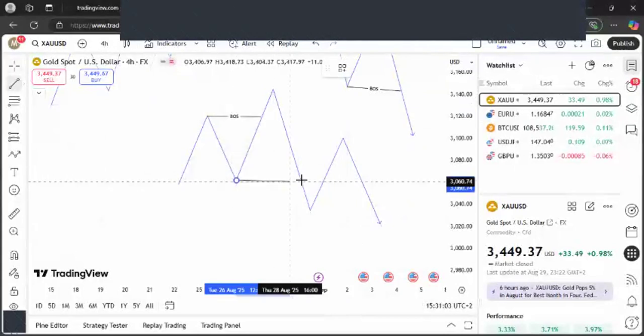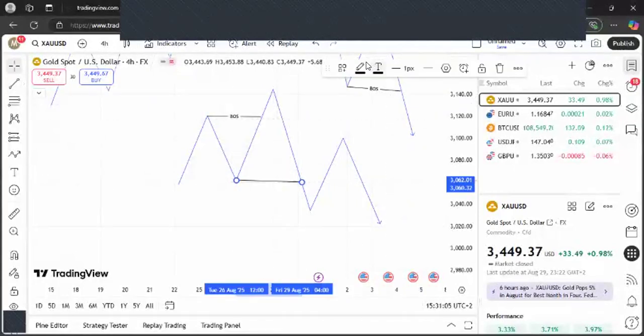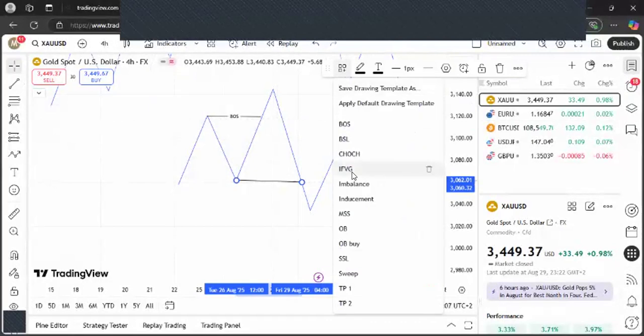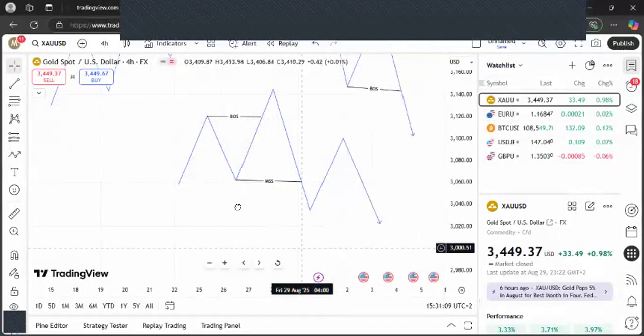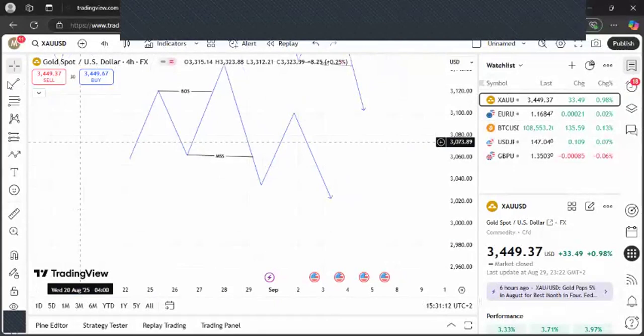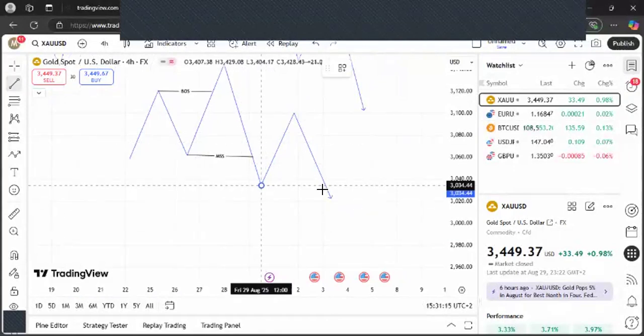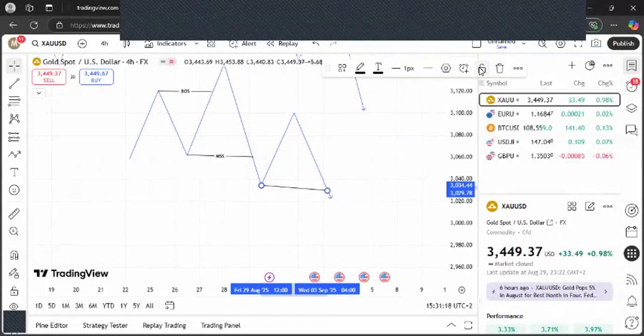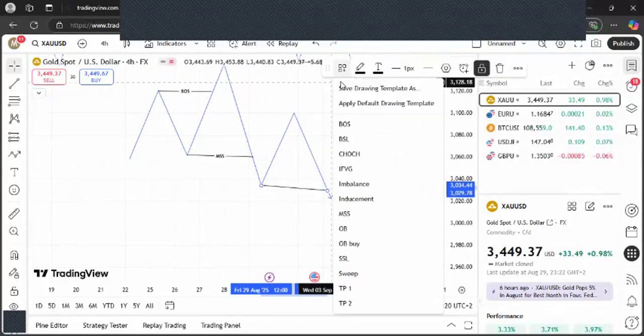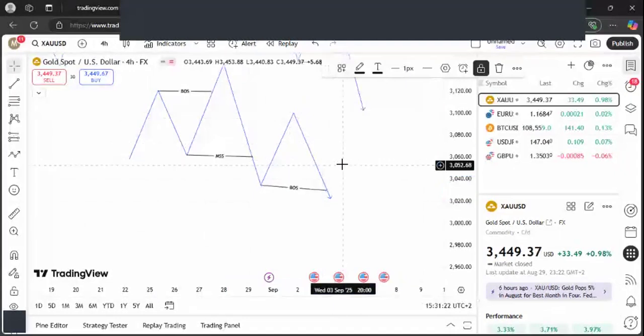And then here's our structure. We call it market structure shift, MSS for short. And then it continues to the other direction. Okay, continues downwards.